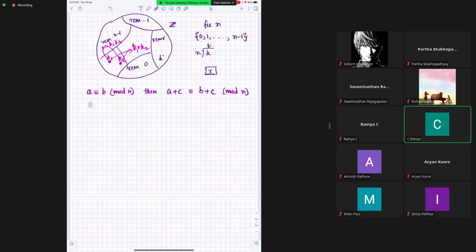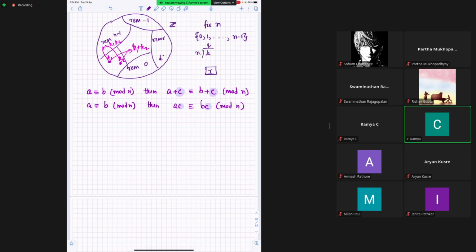Similarly, if A is congruent to B, then AC is congruent to BC. So I can add C to an existing congruence. I can multiply C to an existing congruence.